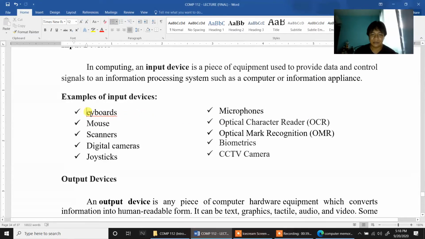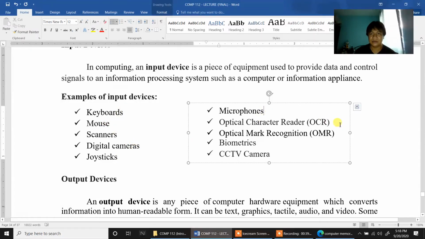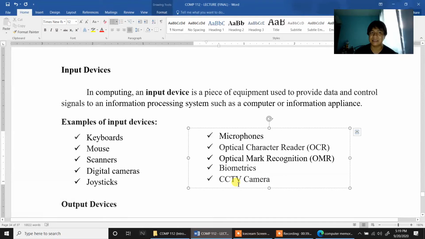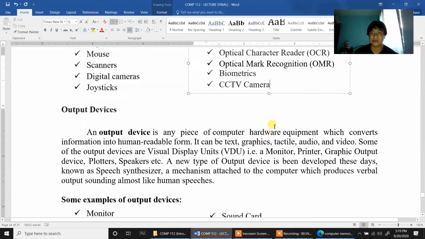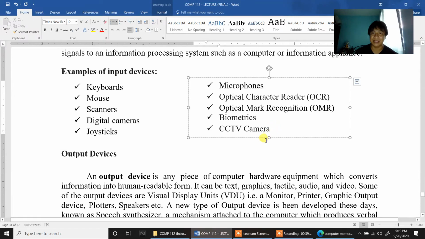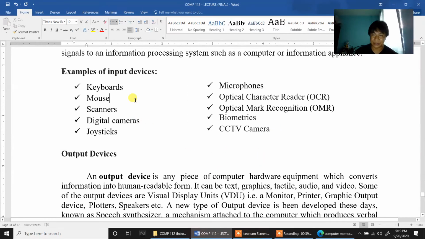Examples are the keyboard, mouse, scanner, digital camera, joystick, microphone, OCR, used in stores where you scan a barcode or QR code, and optical mark recognition, used to check if a cheque or your money is fake or not. Biometrics and CCTV camera are also examples of input devices. If you know others, you can add them, but these are the common ones.